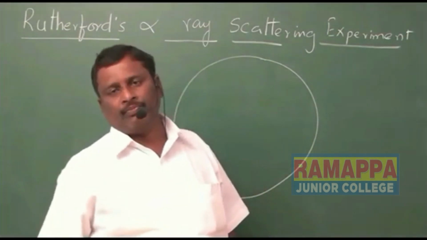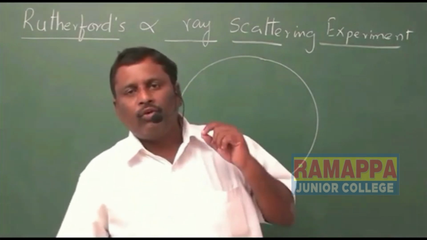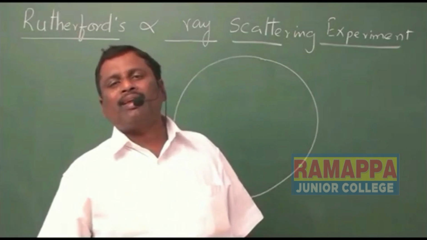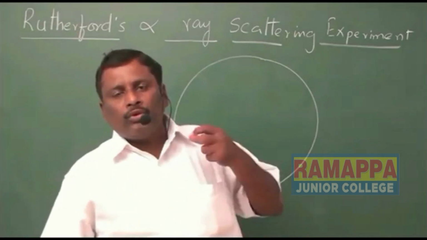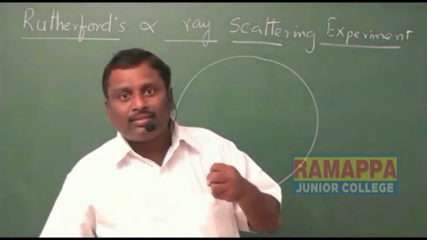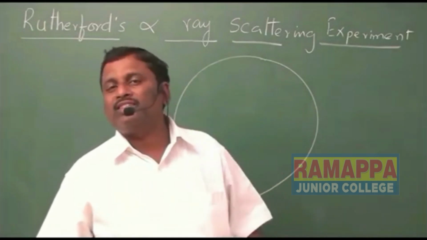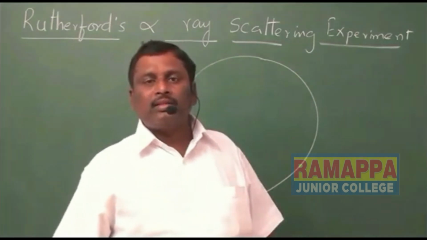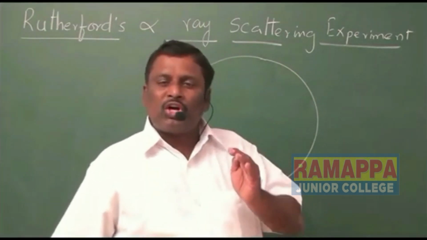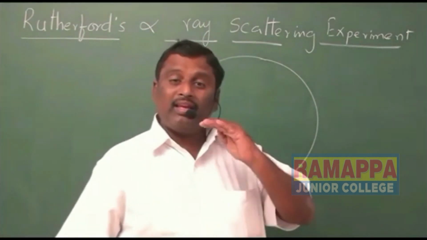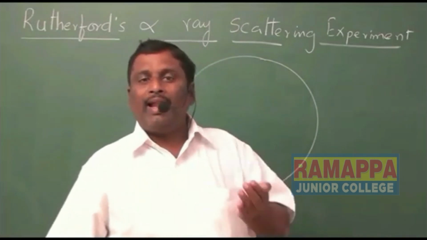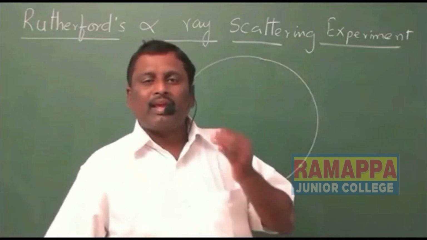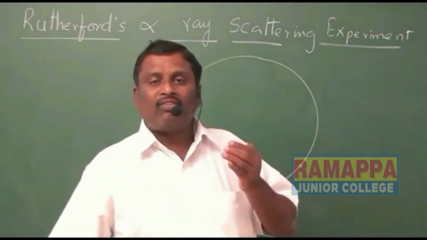An alpha particle has 4 units of mass and 2 units of positive charge. 4 units of mass, that is heavy mass, and 2 units of positive charge. For repelling, a particle with a positive charge more than its charge and a mass more than its mass must come closer to the alpha particle.